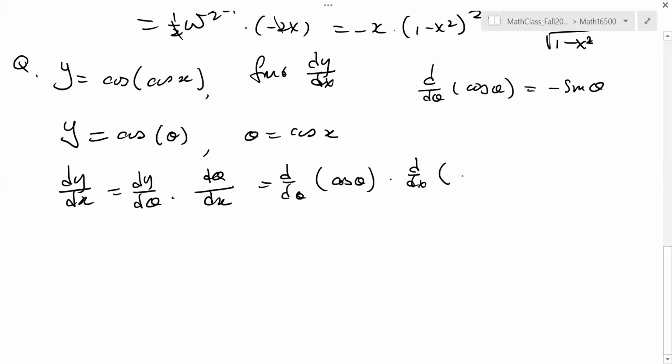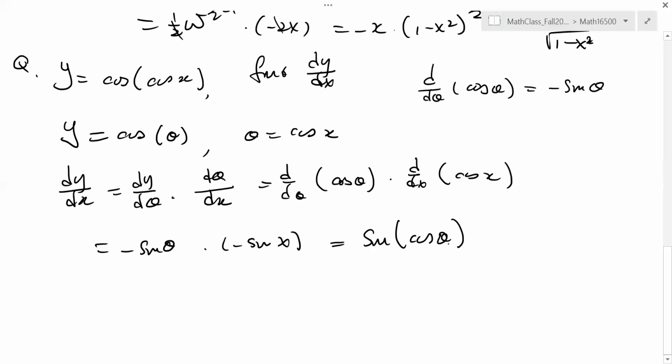Theta is going to be cosine x. Then you get negative sine theta and then negative sine x. Okay? What is theta? Theta is cosine x. So you will get positive sine cosine x, then sine x. So this will be the answer.